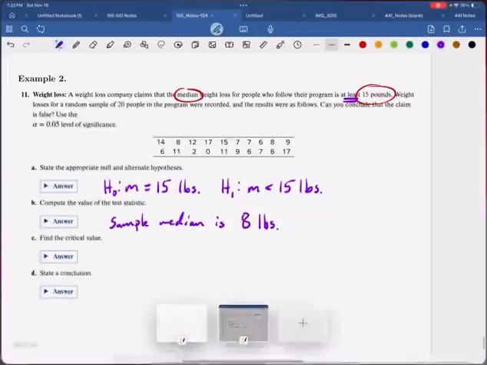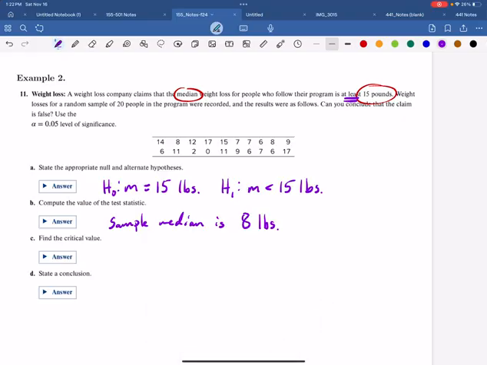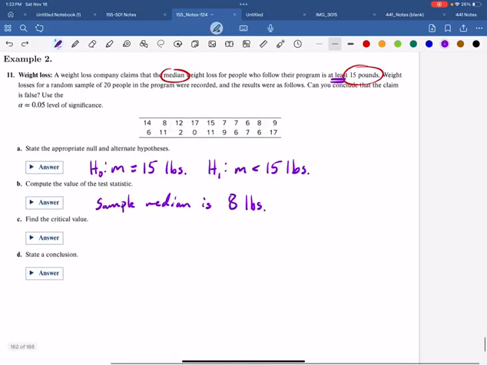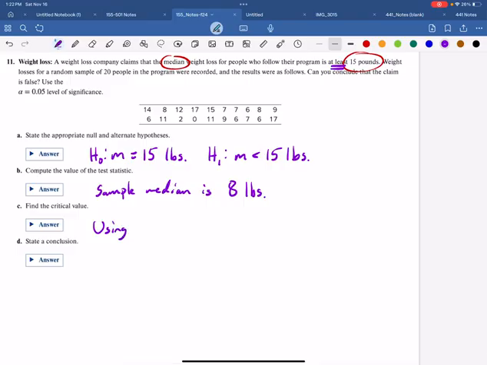We can ignore that for right now. We could use the chart to find the critical value, right? Since we have the chart open, for n equals 20, and we're doing one-tailed, critical value would be 5. So I'll just say, using the table, critical value is 5, right?